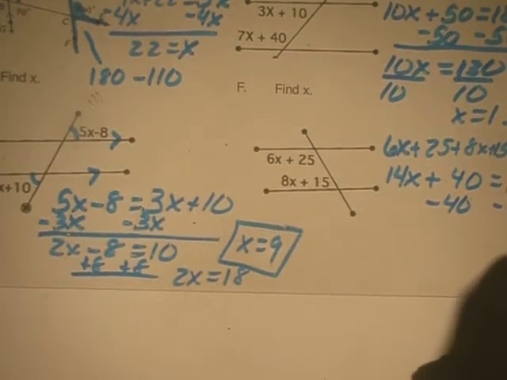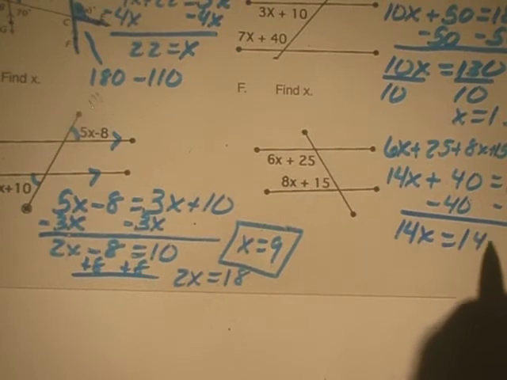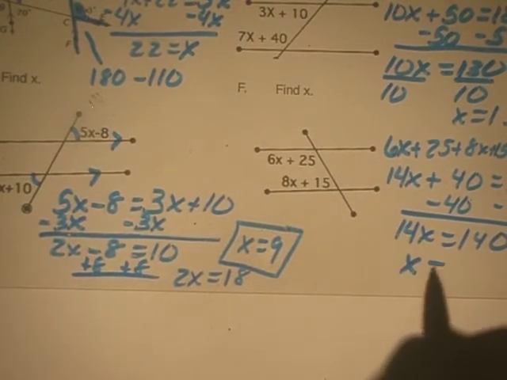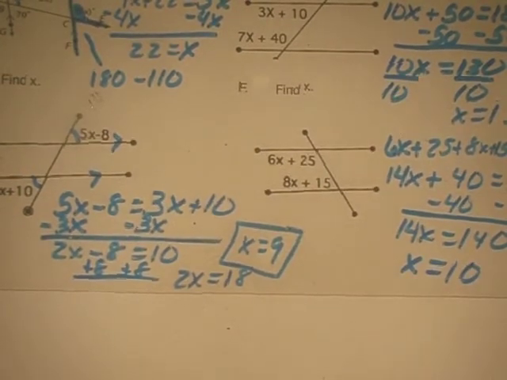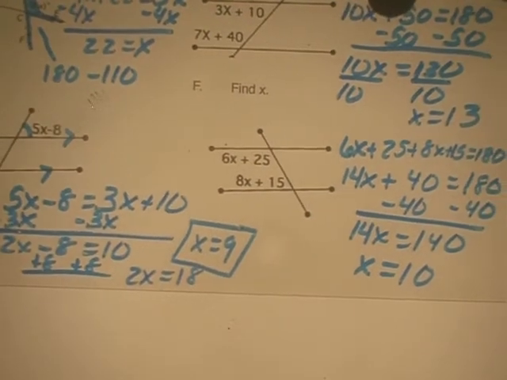And when you subtract 40 from both sides, 14x equals 140. And your x is going to equal 10. And again, they didn't ask us to find the angle measure. They just asked us to find what x equals. So that's our final answer there.